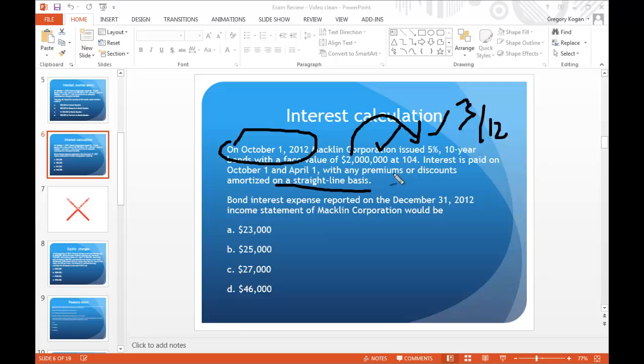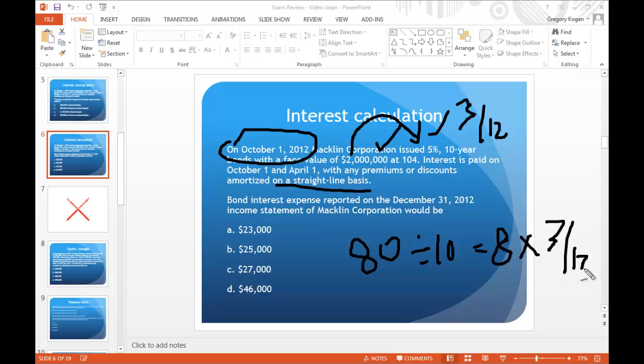And then in terms of amortizing the premium, the premium is 80,000 because it's 2 million times 1.04. We divide that by 10, which is straight line, so the annual premium is 8K, and we multiply 8K by 3/12 to get the right answer.